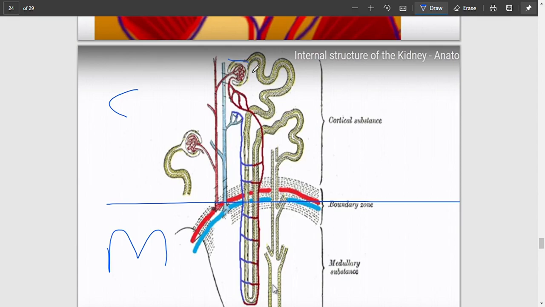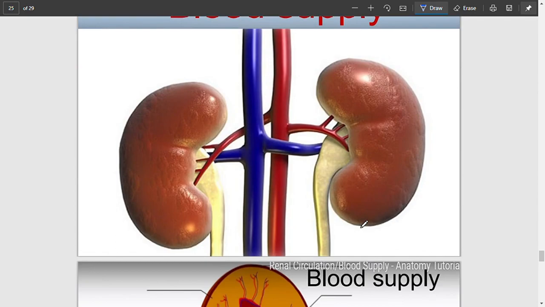So this is the glomerulus and the Bowman's capsule, then the proximal convoluted tubule, and then the ascending and descending limb, the distal convoluted tubule, and the collecting duct. And then there's the blood supply.